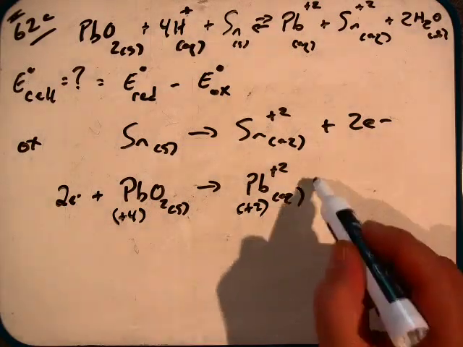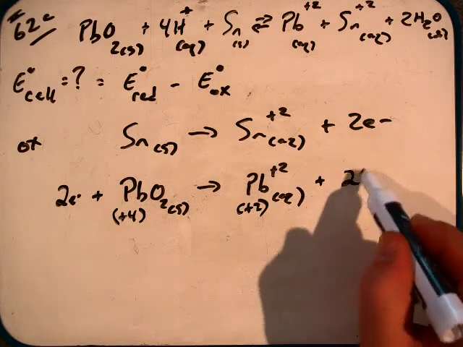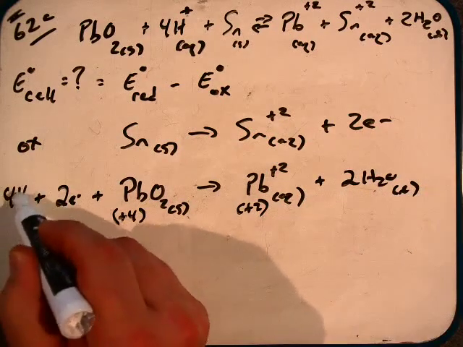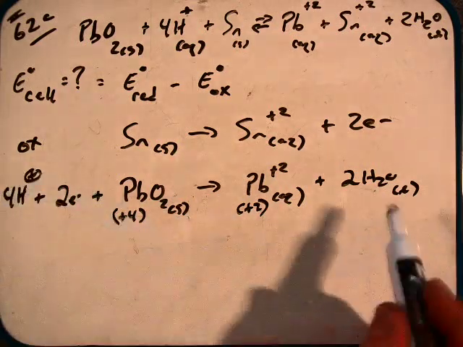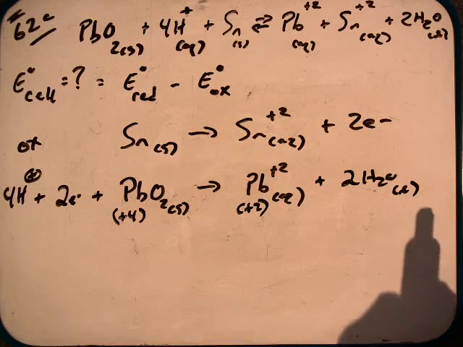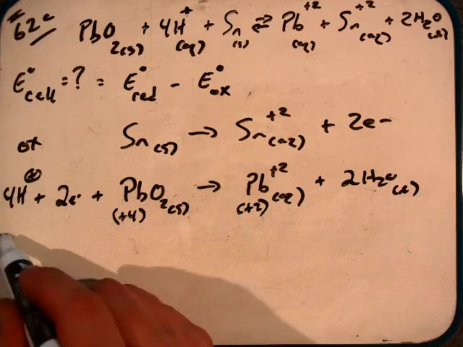And then the rest of it, the 2 H2Os and then the 4 H pluses, come from the balancing of that reaction. And so that would be our reduction.